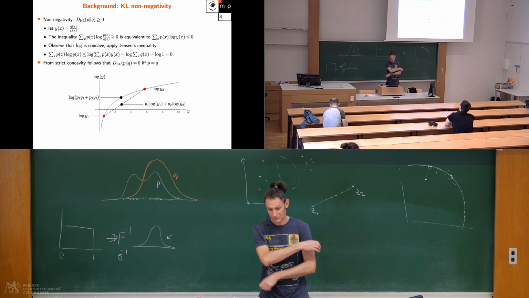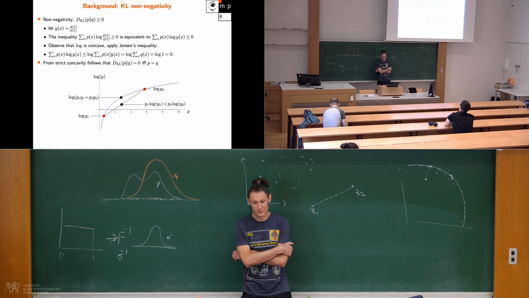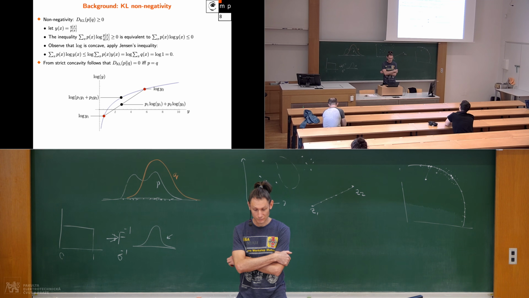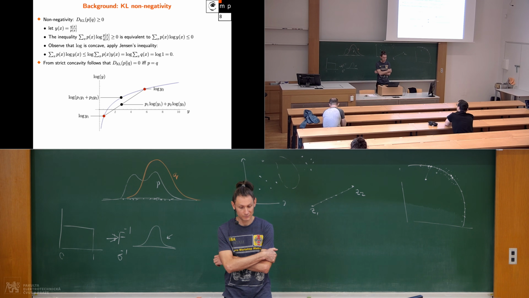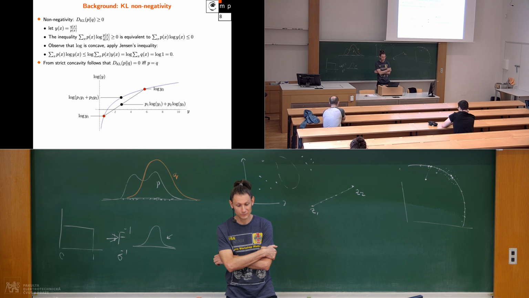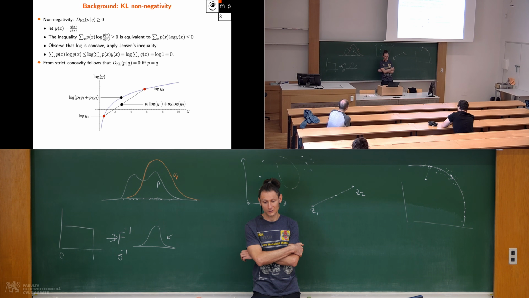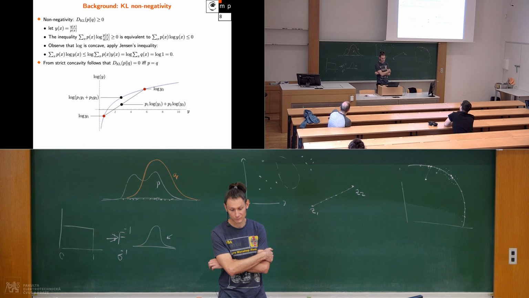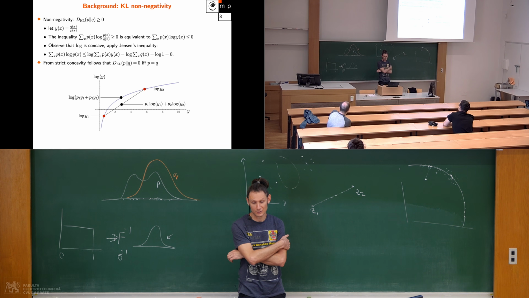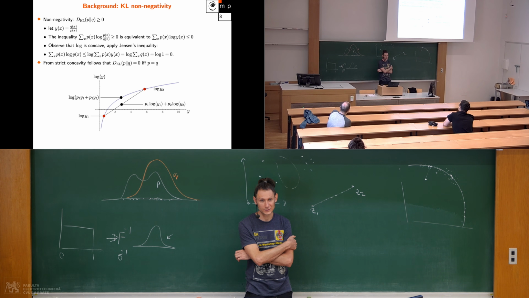The other important property for us is that this Kullback divergence is non-negative. And it is worth looking at the proof of this, because in the proof the core inequality occurs which is used in all of this evidence lower bound, variational inference.